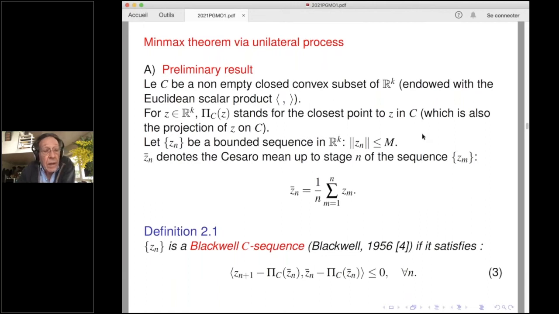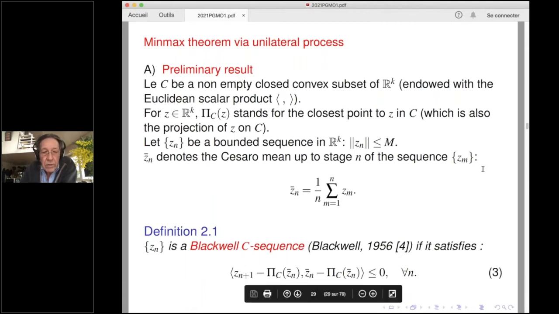Okay. And I consider a bounded sequence, bounded by M, and I denote by z bar the Cesaro mean of the sequence between stage 1 and n. I will say that z_n is a Blackwell sequence adapted to C if you have this property.